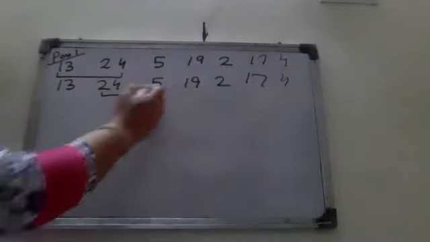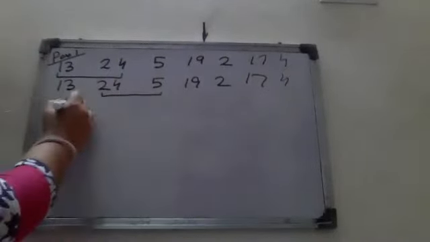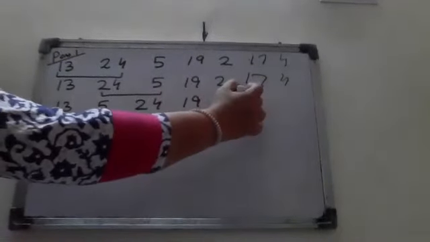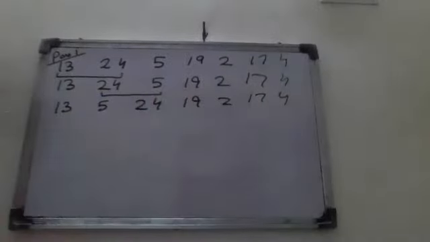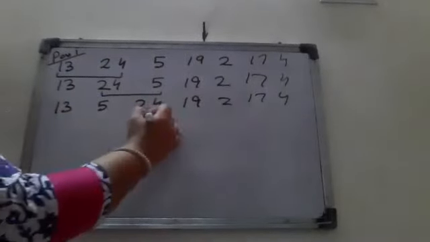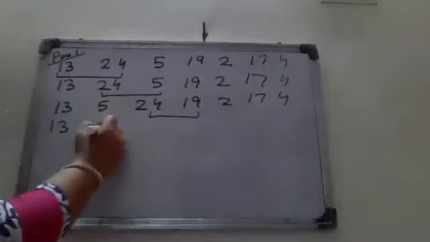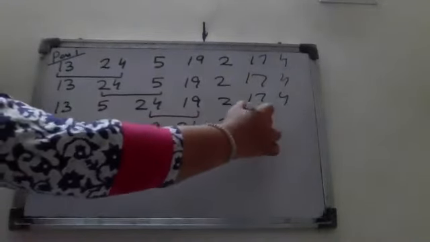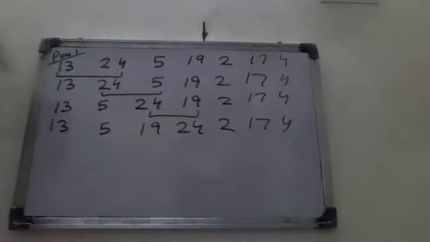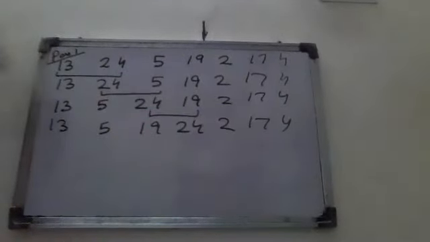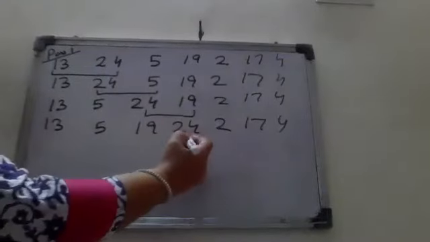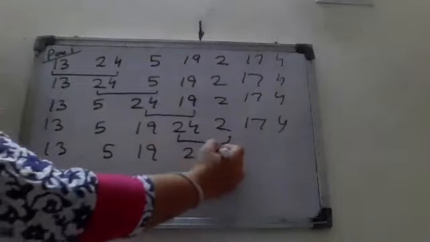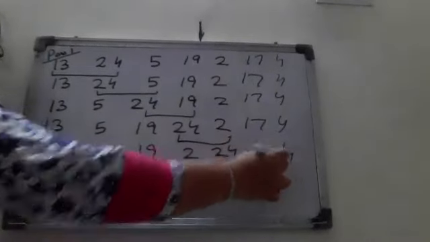After that, I have compared the second two numbers. Which one is smaller, I will just put in front. After that, again two numbers: 13, 5, 19, 24, 2, 17 and 4. After that, again two numbers: 13, 5, 19, 2, 24, 17, 4.